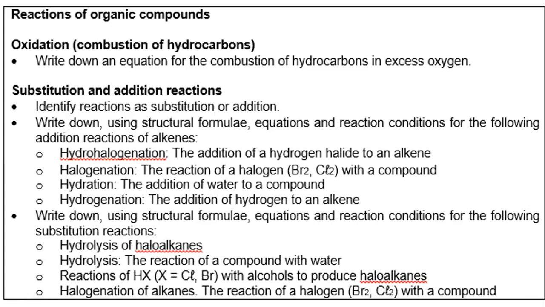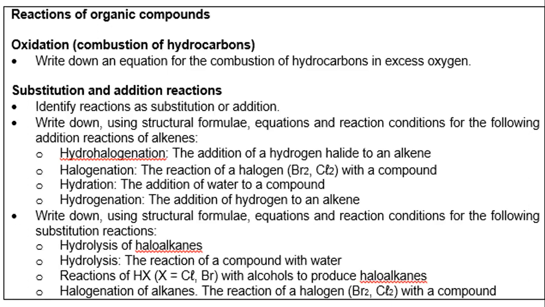Then we will look at substitution as well as addition reactions. So firstly, we must be able to identify a reaction as either a substitution reaction or as an addition reaction. Furthermore, we must be able to write down, using structural formulae, equations, as well as reaction conditions for the following types of addition reactions.